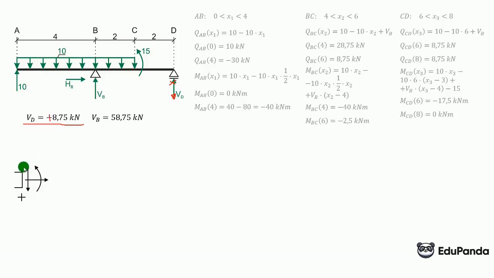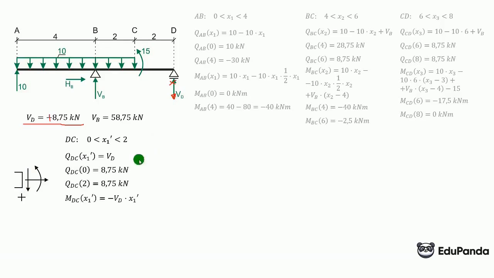So my section DC and this x1, let's say, is from 0 to 2, looking from the right side. So the shear force in this section is VD positive, because according to the direction that is positive for these forces from the section from the right side, this is a constant value of 8.75 kN.